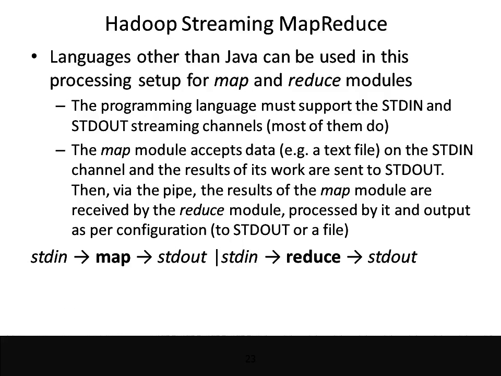Now, to make this simpler, one of the common mechanisms for doing MapReduce operations is to use the so-called streaming interface. What the streaming interface does is it leverages the concept of pipes from Unix.